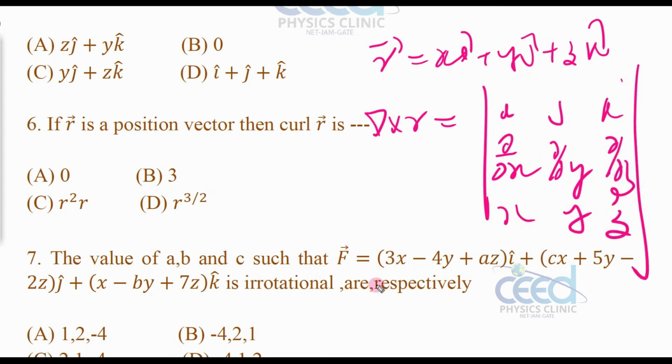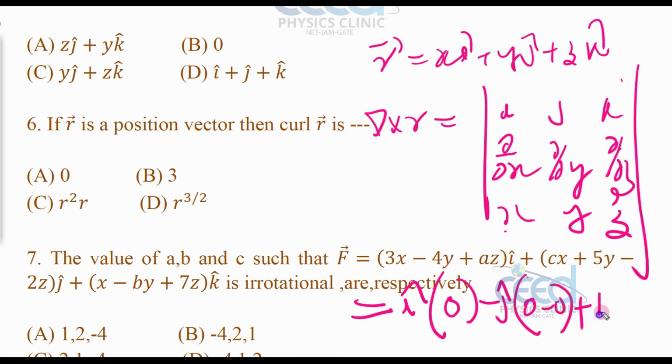If you do this, i cap into 0 minus 0, that is 0, minus j cap into 0 minus 0, plus k cap into 0. So the answer is 0. Curl of R is 0 when R is a position vector.